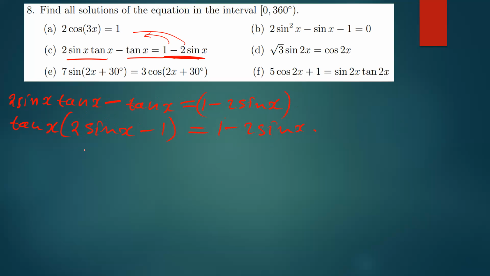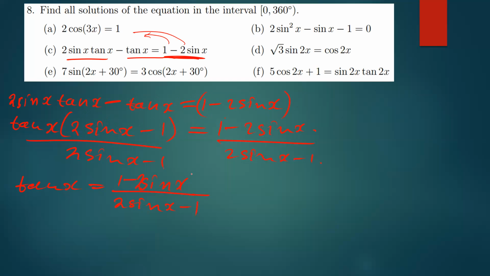So what we can do is divide everything by 2 sine x minus 1. And then when you do that, this side will just remain with tan x. And on the other side, we're going to have 1 minus 2 sine x, then everything divided by 2 sine x minus 1.